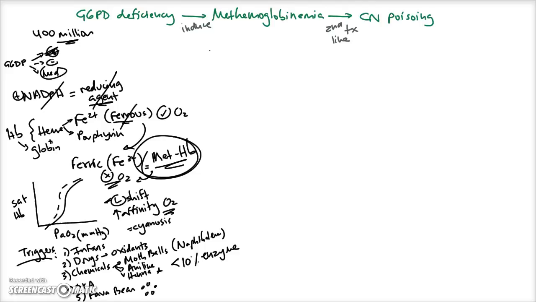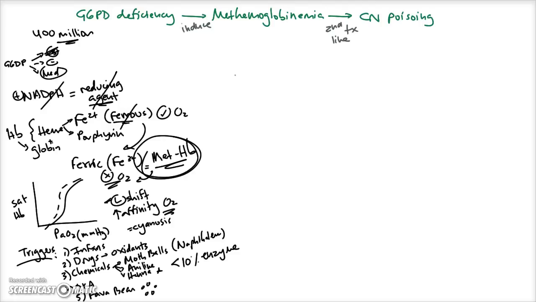Now, let's talk about methemoglobinemia itself as a state. There are multiple triggers that can induce the formation of methemoglobin, which is the hemoglobin containing the ferric form of iron. Just one of those causes can be a G6PD deficiency crisis.